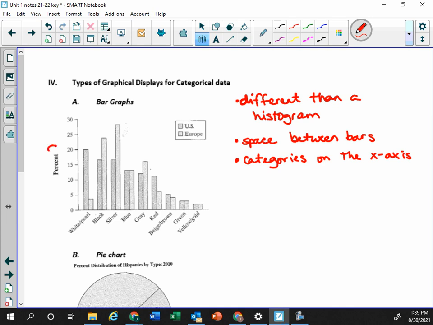And you'll usually see percent over here on the right. You can do it with counts in that category, but when we start talking about analyzing these variables, you're always looking at proportions, and so you're going to want percents when you're doing your bar graphs.